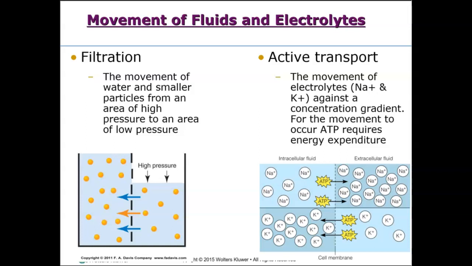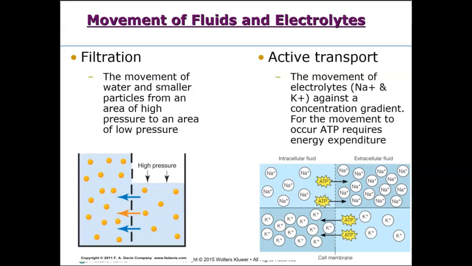In active transport, sodium and potassium move across the semi-permeable membranes with the energy from active transport. Okay, so you need energy for that. The sodium and potassium move from areas of lesser concentration to areas of increased concentration of those elements. So let me repeat that.